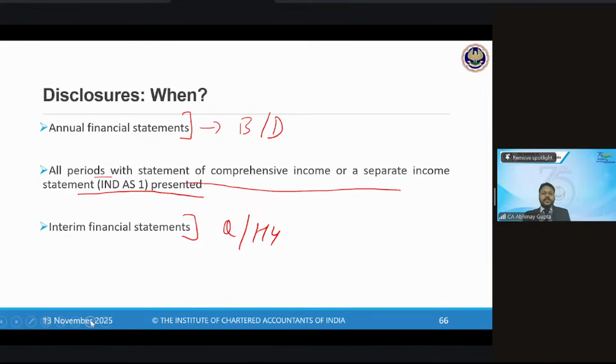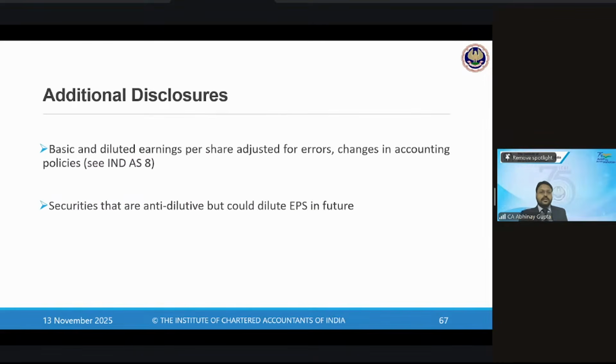So whether the company is preparing the quarterly, half yearly, annual or any other period financials, suppose the company says we are preparing the 9-month financials, then EPS will be presented or not? Yes, presented. So there is no exemption or relaxation from the presentation of the EPS based on the periodicity of the financials, right? So periodicity or the duration doesn't matter.